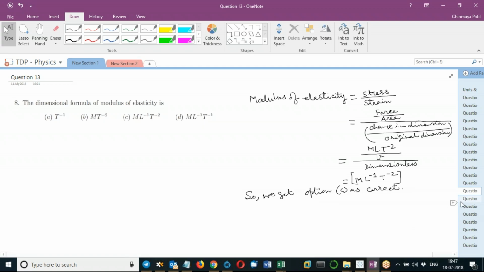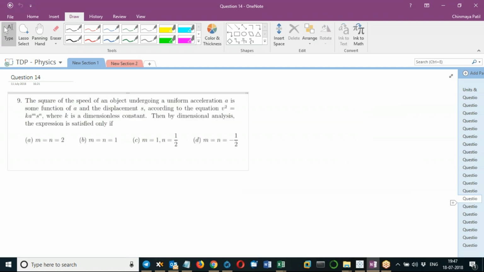Let's go to the next question, which is question number 9. If you look into question number 9, it is given that the square of the speed of an object undergoing a uniform acceleration a is some function of a and displacement.